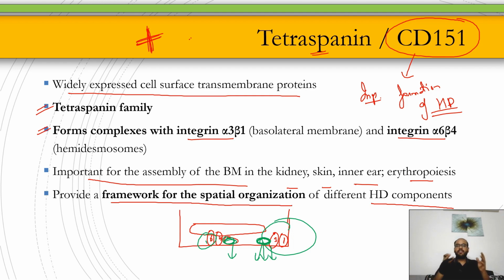That's why I was telling you about the story in different articles where CD151 was removed and you had no hemidesmosomes, only attachment via integrin alpha 3 beta 1. But when you introduce CD151, the attachment shifted to integrin alpha 6 beta 4 to form hemidesmosomes. So if you want to have hemidesmosomes, CD151 should be there.